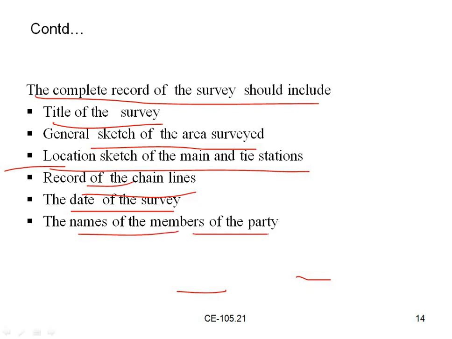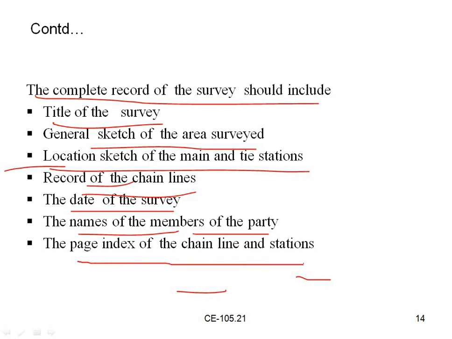How many members are there in the party? How many members are taking the field book record? The names also should be written, and what work is allotted should be written. And the page index of the chain lines and stations. The page index number should be compulsory.